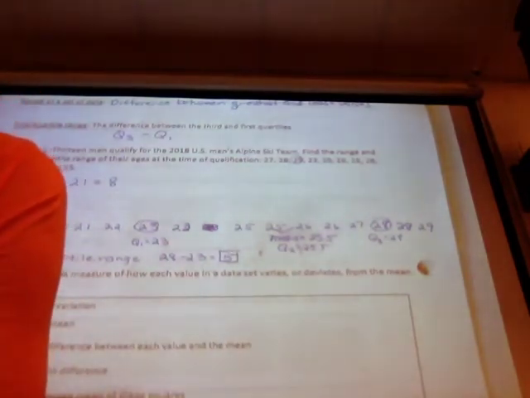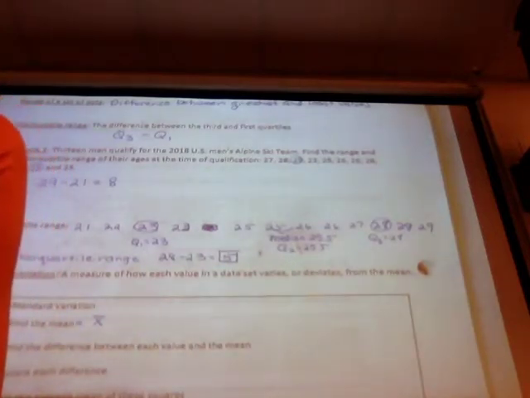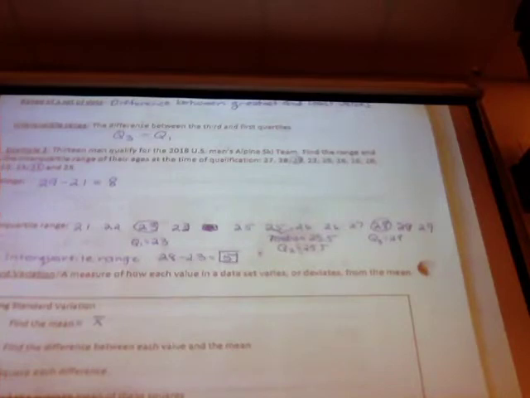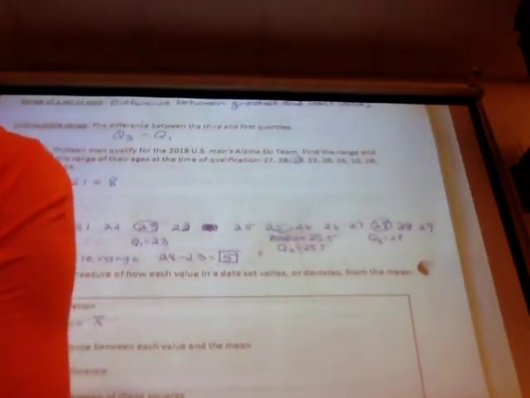Okay. Standard deviation, a measure to show how each value in a set deviates from the mean. Now the mean is another word for what? Average. And also the notation is x with a bar above it in statistics. You'll see that on your calculator too, x with a bar over it.